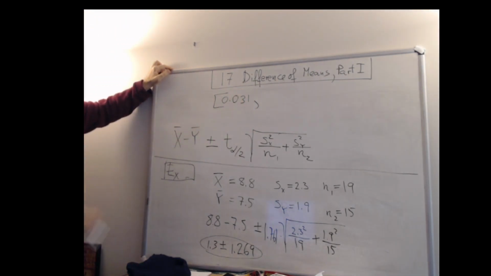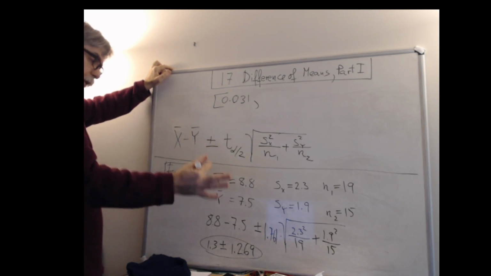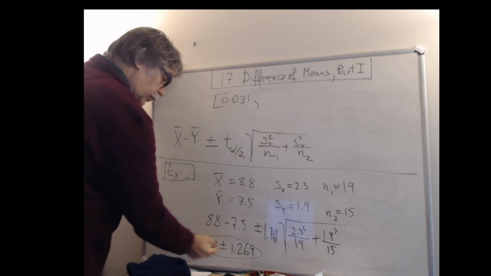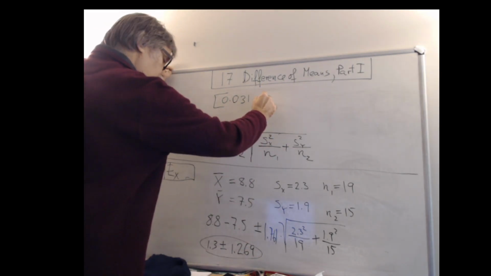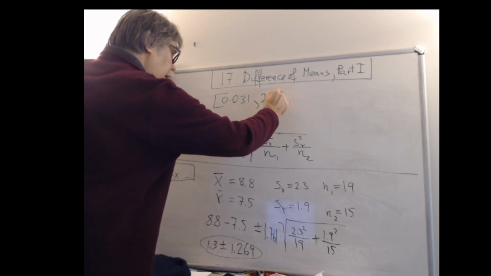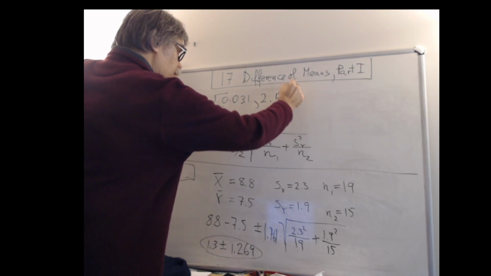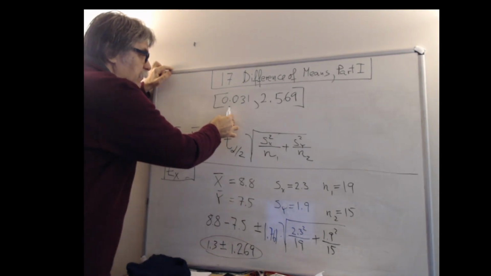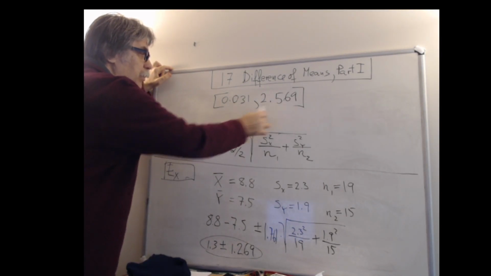Like a third of an inch. All the way up to, perhaps the difference is, when you add this, 2.569 inches. The whole interval is from positive 0.031 to 2.569.